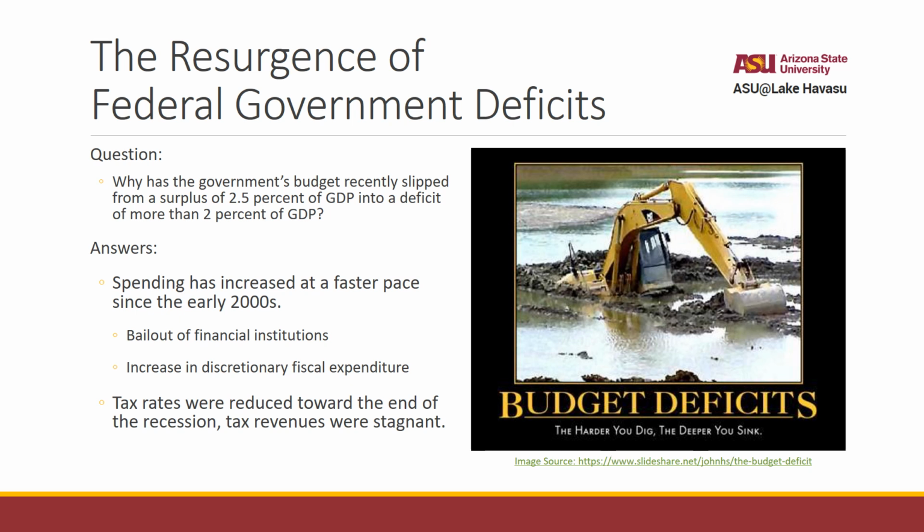The more complex answer also considers government revenues. In 2001, the Congress and the executive branch slightly reduced the income tax rate, and in 2003 they also cut the capital gains tax rates and estate tax rates. Because the tax rates were reduced toward the end of the recession, when real income growth was relatively low, government tax revenues were stagnant for a time.